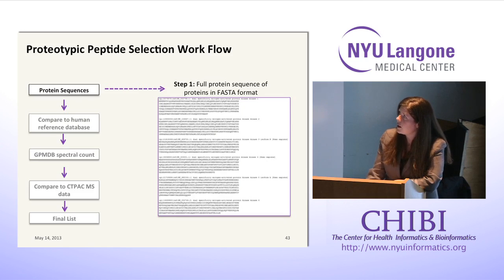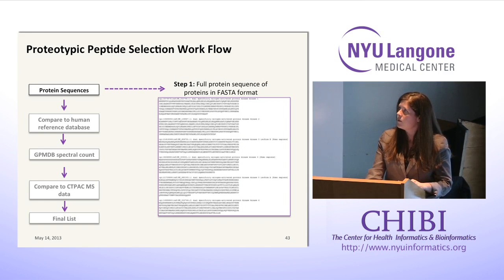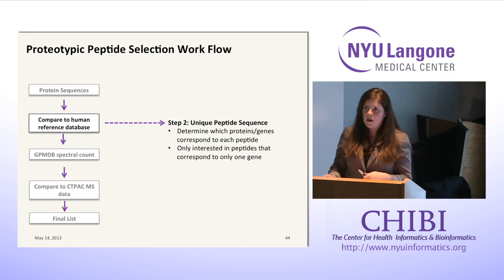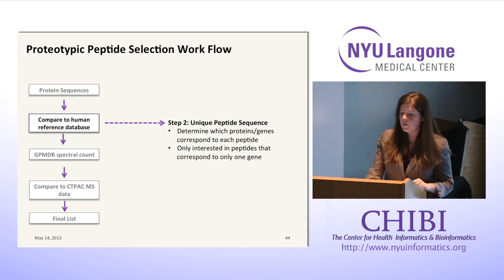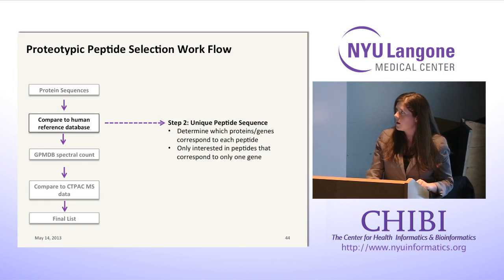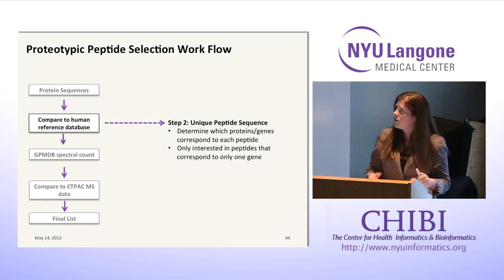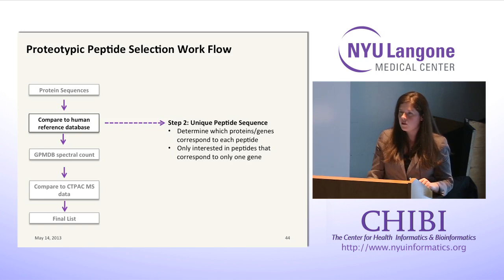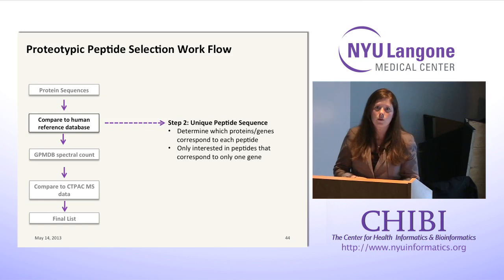So we first start here, if we start with a protein sequence in FASTA format, we do an in silico trypsin digestion and that gives us peptides. We then compare these peptides to the human reference database to find which peptides and genes correspond to each peptide. And we really are only interested in the peptides that correspond to only one gene.